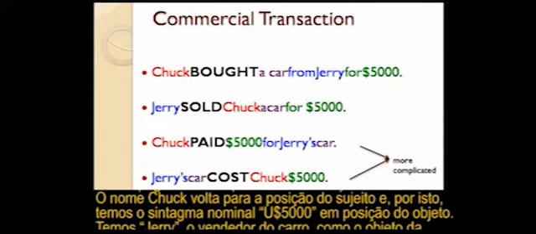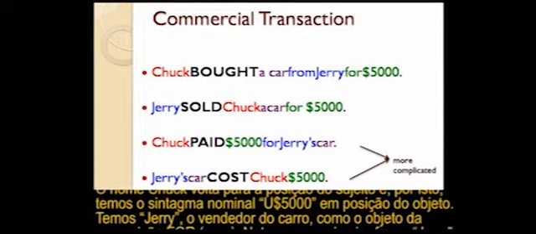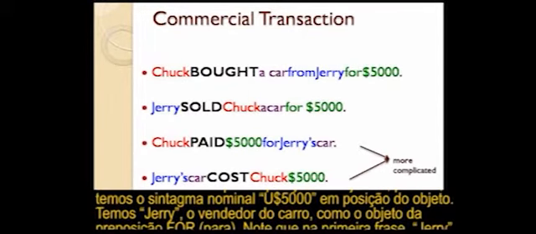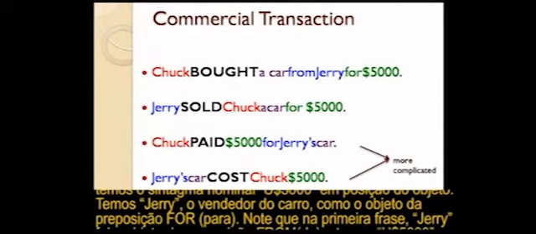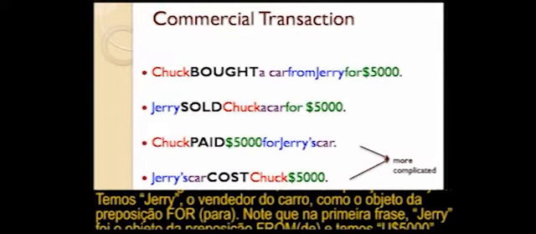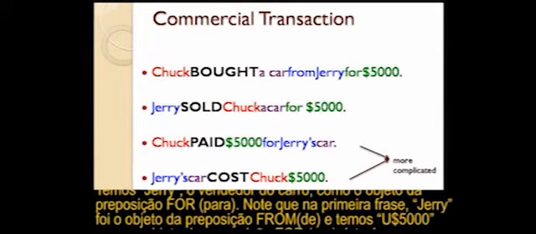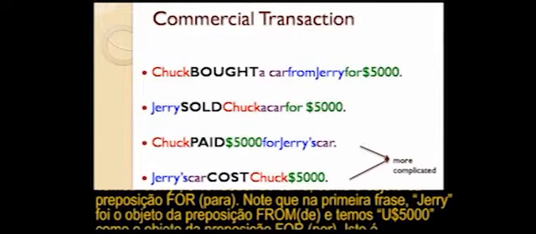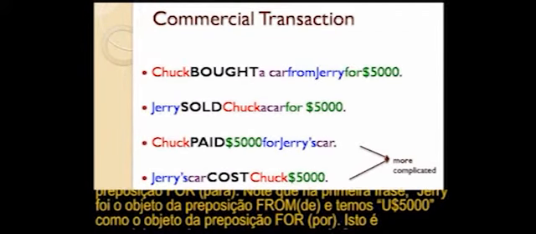We have Jerry, the seller of the car, as the object of the preposition for. Notice that in the first sentence, Jerry was the object of the preposition from. And we had $5,000 as the object of the preposition for.